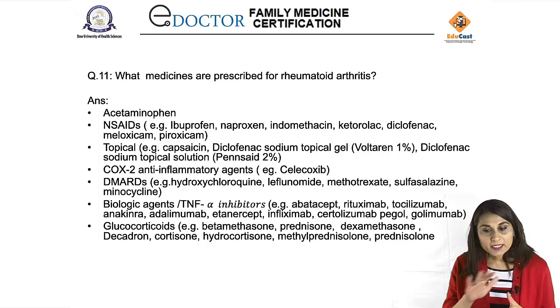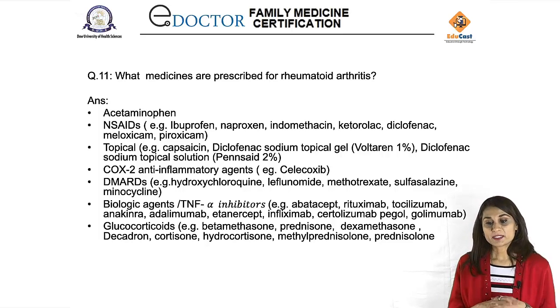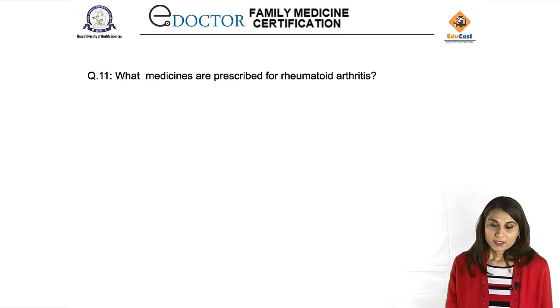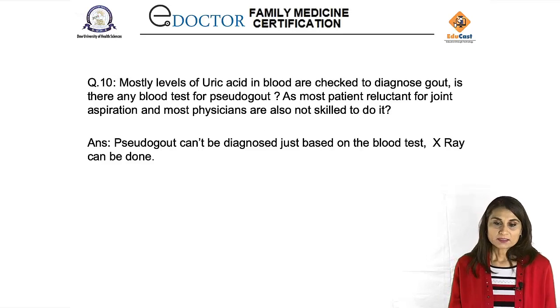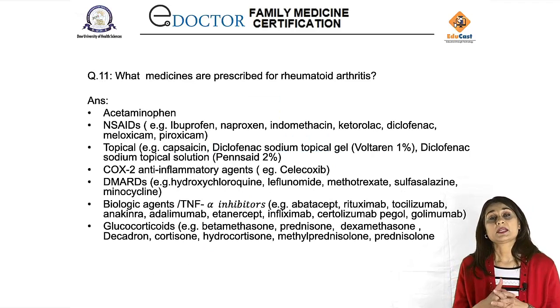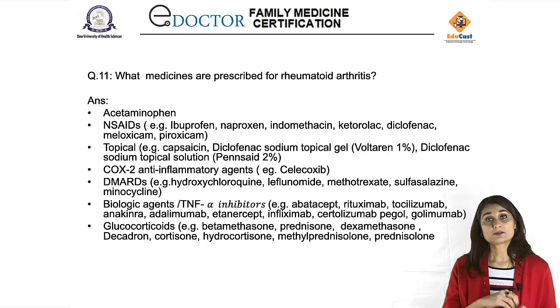But again, not effective in preventing the eventual joint destruction. So what are you going to do? You are going to start DMARDs as soon as possible. Why do you need to start DMARDs? Because early in the course of the disease, joint destruction starts.